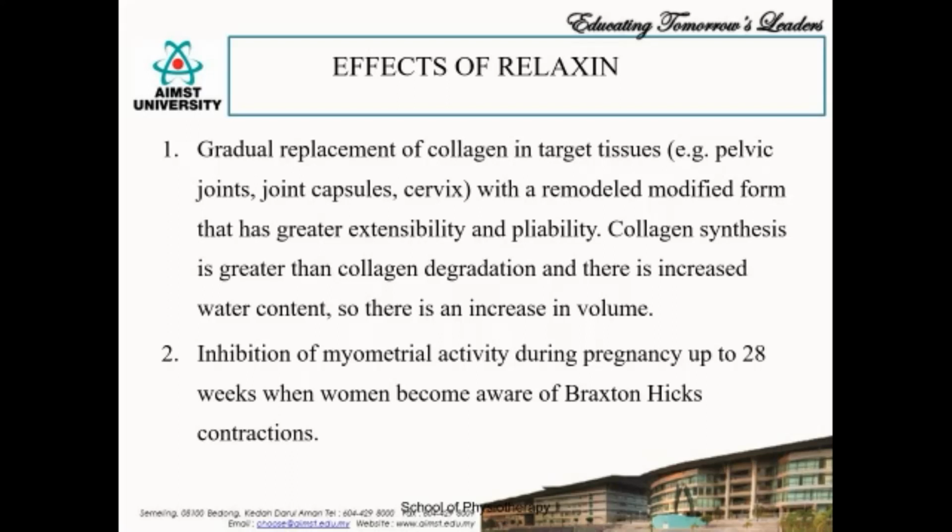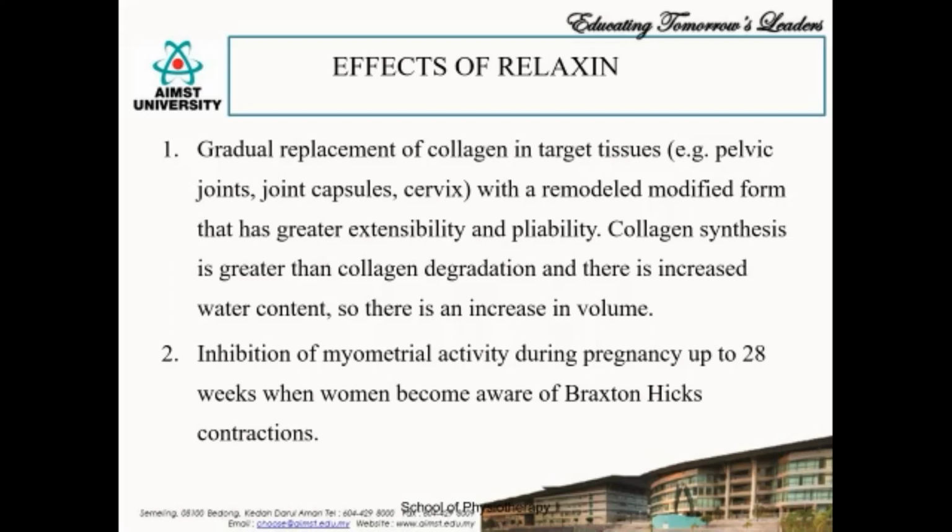During delivery, the pelvis will undergo a lot of relaxation and there will be space for the baby to come out. The next is inhibition of myometrial activity during pregnancy up to 28 weeks. Up to 28 weeks, there should not be any muscle activity in the uterus, that is the myometrial layer of the uterus.